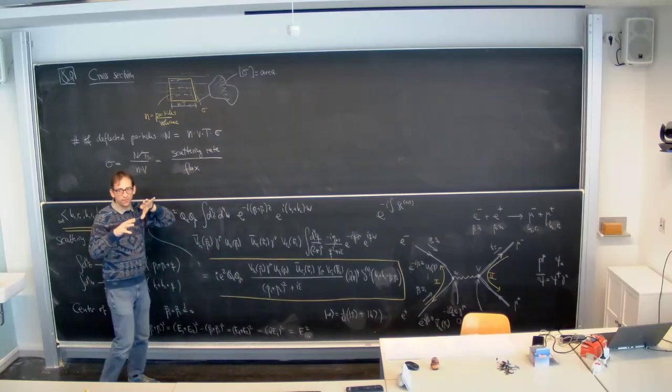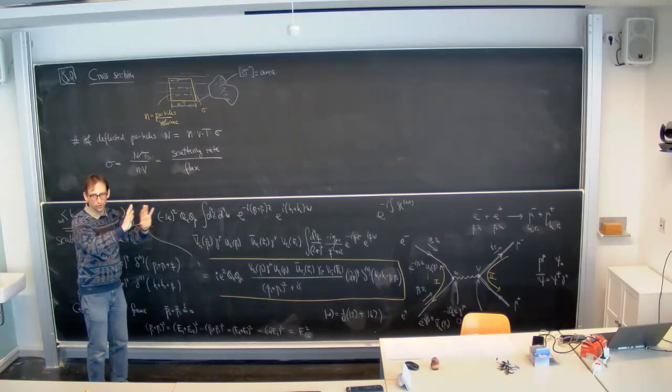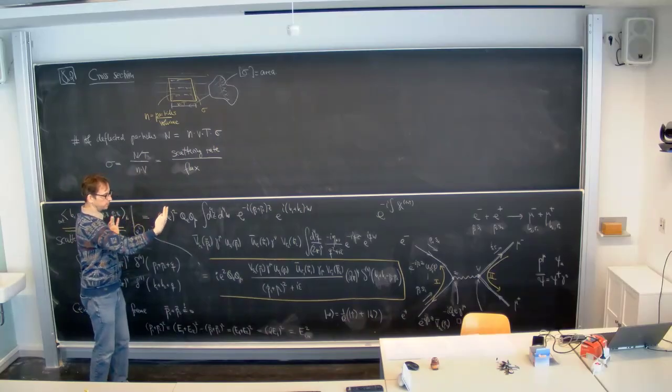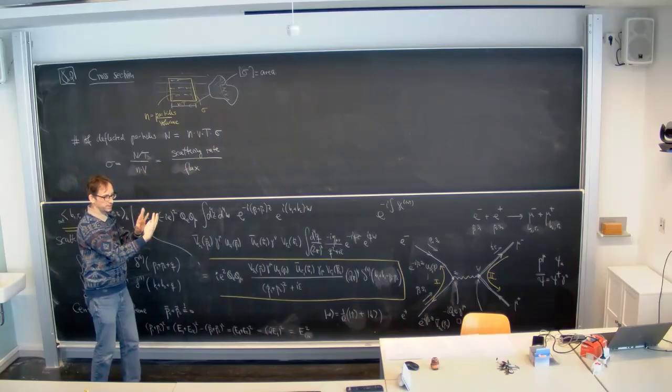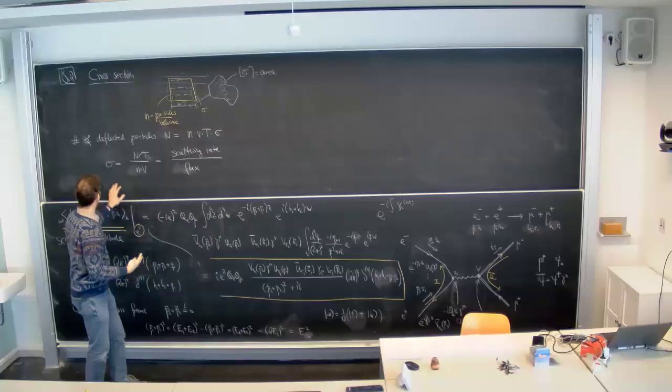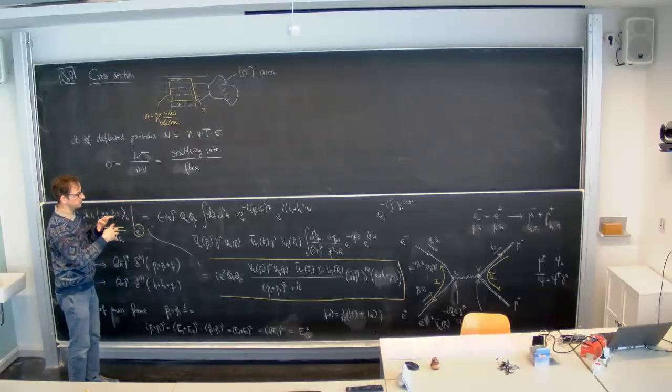Then it's sort of the effective size of the obstacle. If you have an electron and a positron that collide, the electron is an obstacle for the positron, and the sigma that we are computing is sort of the size of this obstacle.